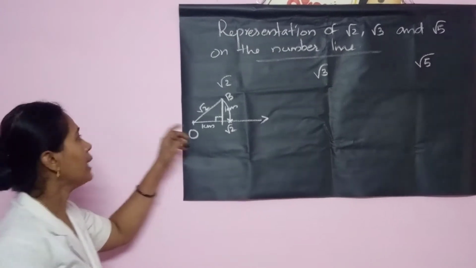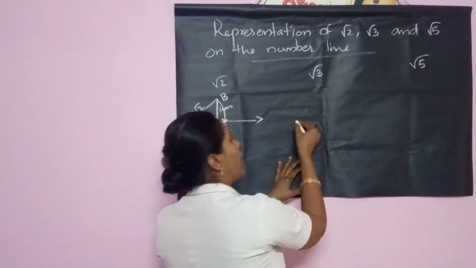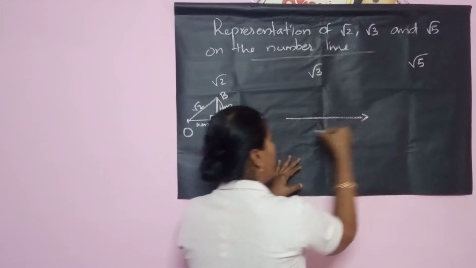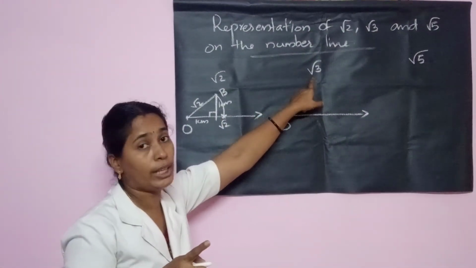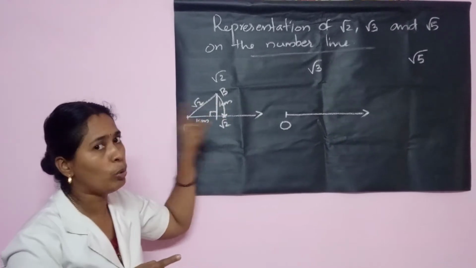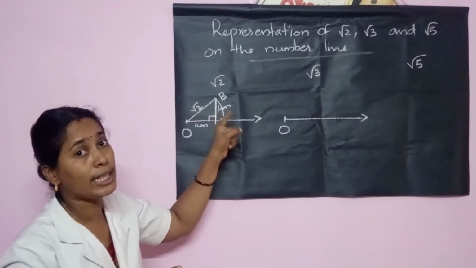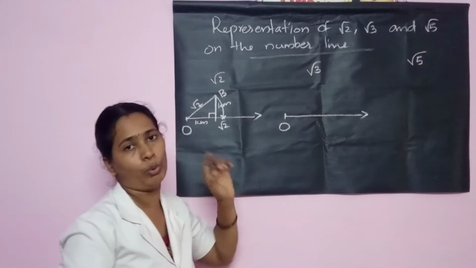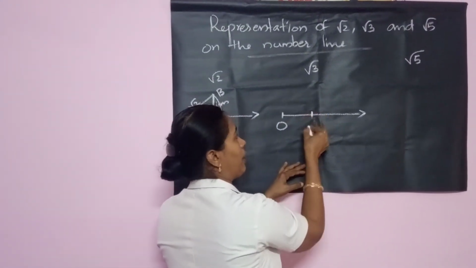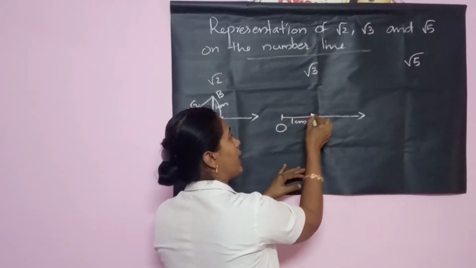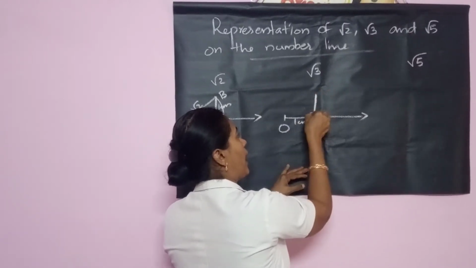Next, let us move to root 3. In order to obtain root 3, we need to get root 2 first, because root 2 is considered to be the base of root 3. So first we get root 2 as before, with 1 centimeter distance and 1 centimeter altitude.